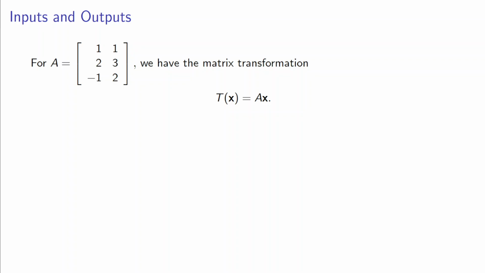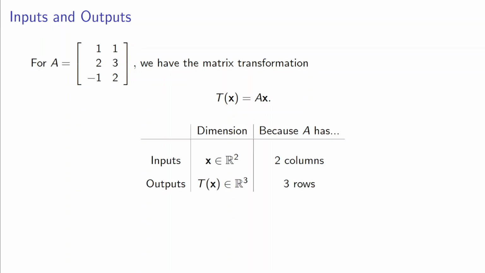Okay. Same matrix here. We have this matrix transformation, and just to review some of the things we looked at earlier, our inputs are going to be vectors in R2. The reason is that our definition of matrix vector multiplication would require that, since A has 2 columns, and the outputs, T of x, are going to be in R3 because A has 3 rows.